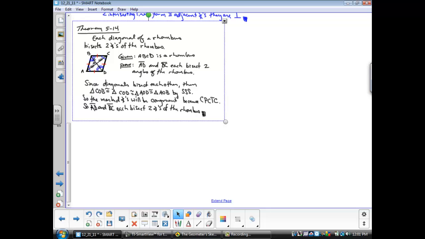Here, 515 is not really a property of a rectangle or a rhombus. But it is a property that comes because of the properties of a rectangle. So theorem 515: the midpoint of the hypotenuse of a right triangle is equidistant from the three vertices.